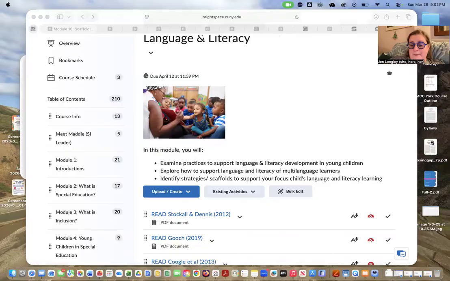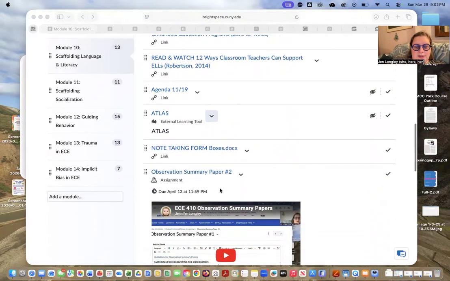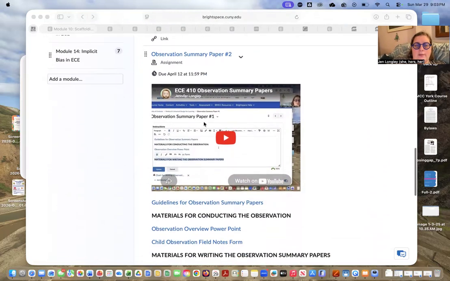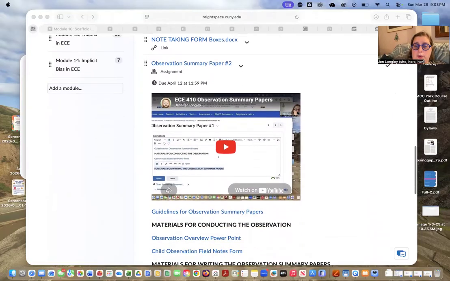Let me go back to our page so we can see what we're doing this week. Okay, so after you're finished reviewing the materials, there's always the note-taking form. Then there's the observation summary paper 2.